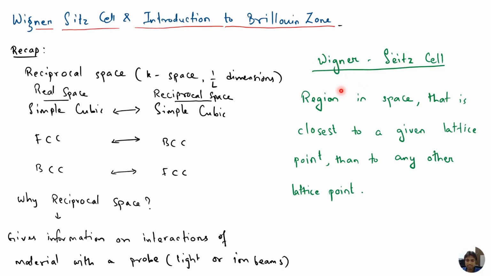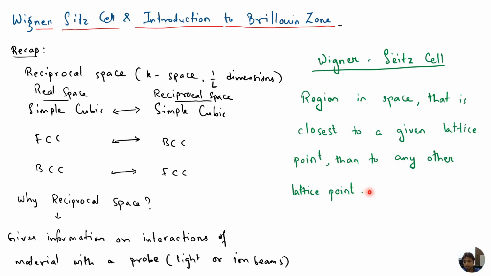So what is this? It is defined as a region in space. We talked about different lattices. Lattice means a periodic collection of points. So given a periodic collection of points, or a lattice, it is that region in space that is closest to a given lattice point than to any other lattice point.